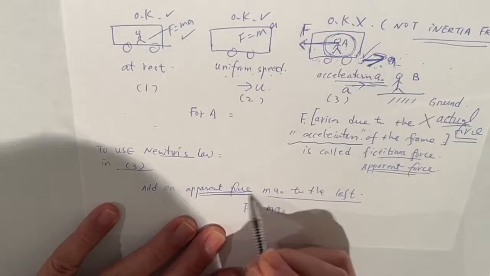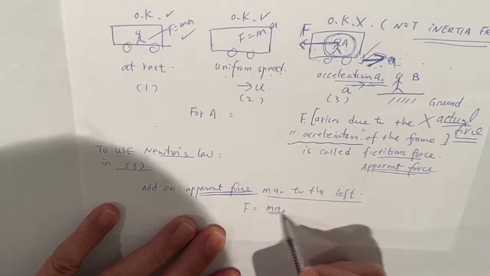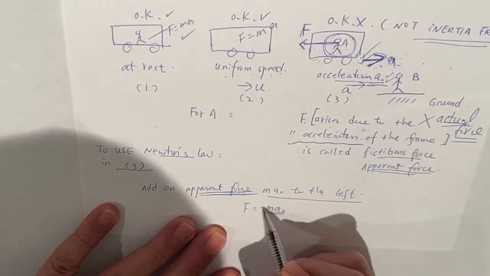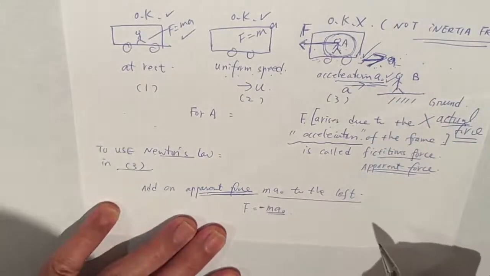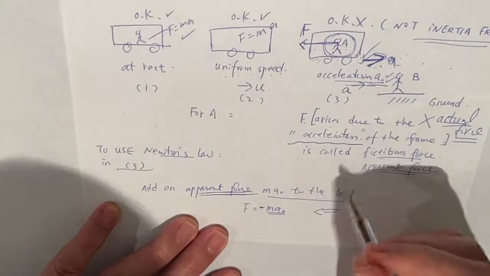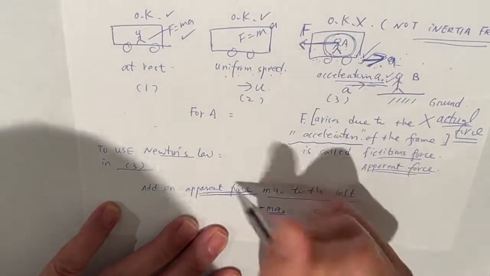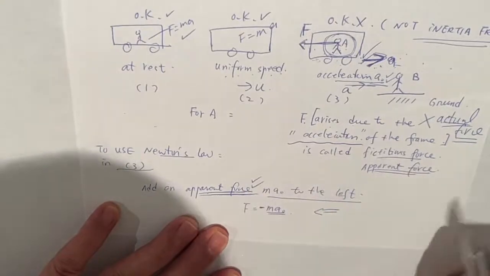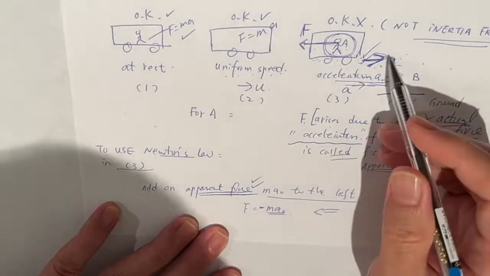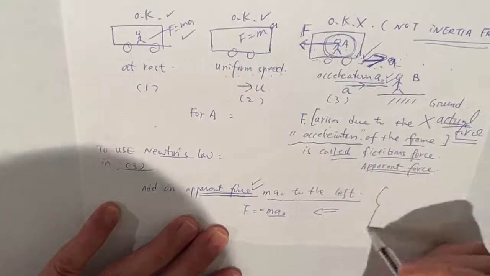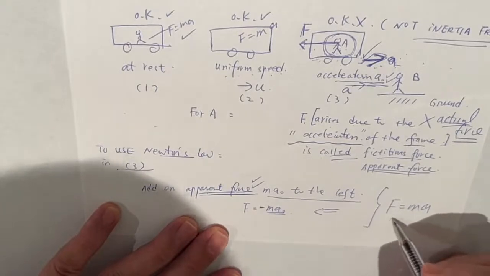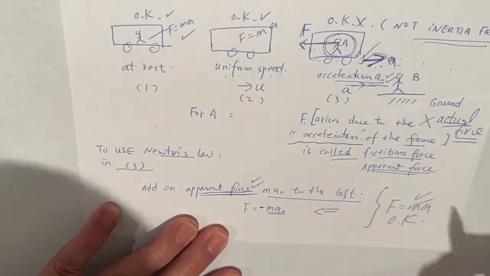That's the apparent force F. F is equal to ma, equal to the acceleration of the frame, acting leftward. If we put a negative sign here, we will get the force acting backward. Now, by inventing this apparent force due to the change of the frame of reference, we can now use Newton's second law. Okay, no problems.